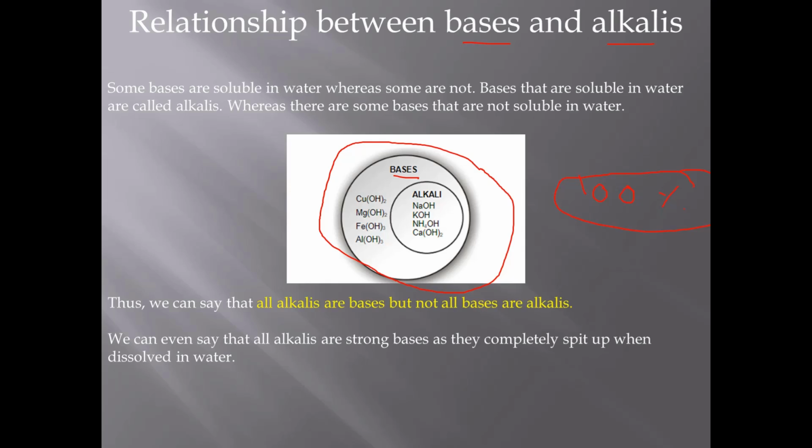Some are Cu(OH)2, Mg(OH)2, and so on. Therefore, we can say that all alkalis are bases, but not all bases are alkalis. This statement is a golden statement, and it is very important. We can even say that all alkalis are strong bases because they 100% split up in water. So that's why it is a strong base.